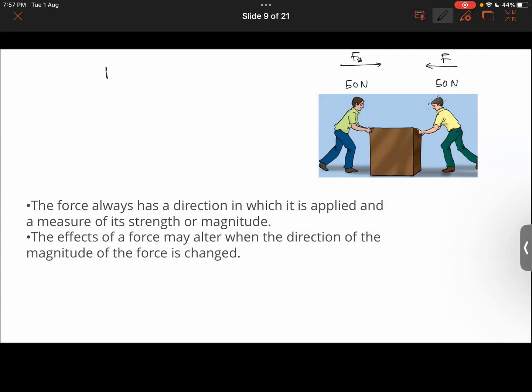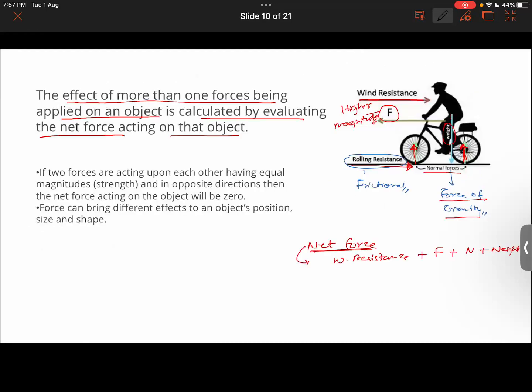So the net force here will be what? 100 Newtons? No, sorry, we have to consider opposing directions. We have to subtract: exactly 50 Newton minus 50 Newton. That will be 0 Newton. And that means the body will be in a rest position. Got this thing?